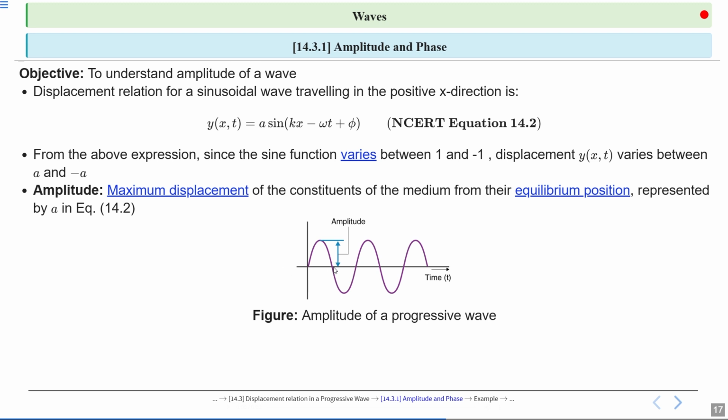You can see the figure, amplitude of a progressive wave. The amplitude is the height from the center line, or equilibrium position, to the peak of the wave. Clear? So the peak of the wave is this, and this one is the amplitude.